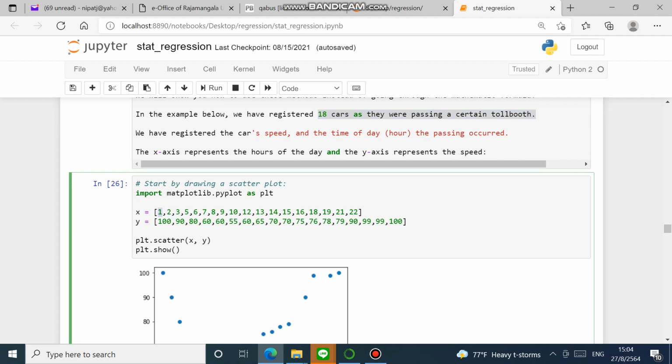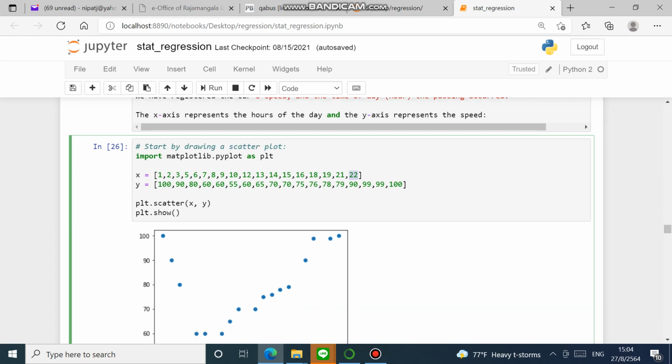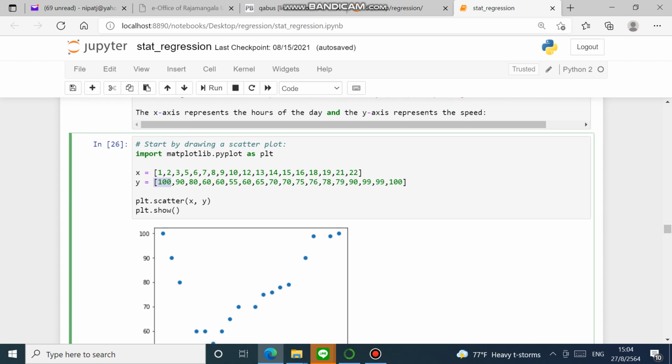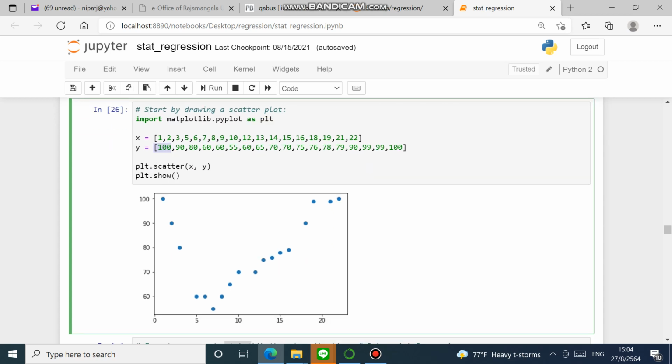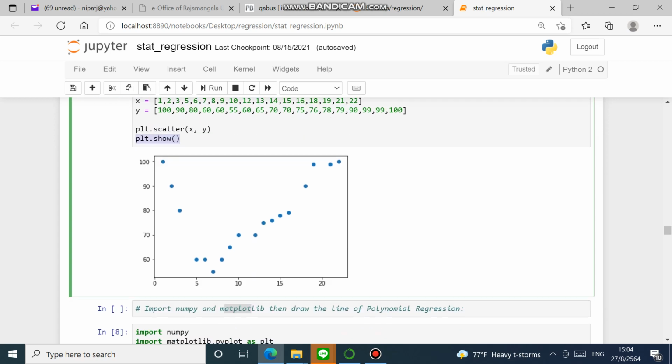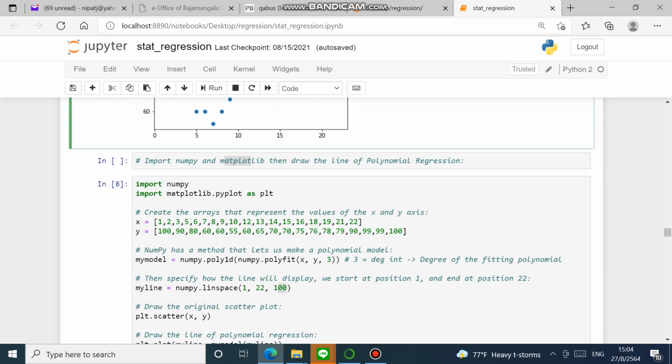This is 1 a.m., 2 a.m., 3 a.m., until 10 p.m. The average speed at the first hour is 100, and so on. When you plot it, it shows this scatter plot.